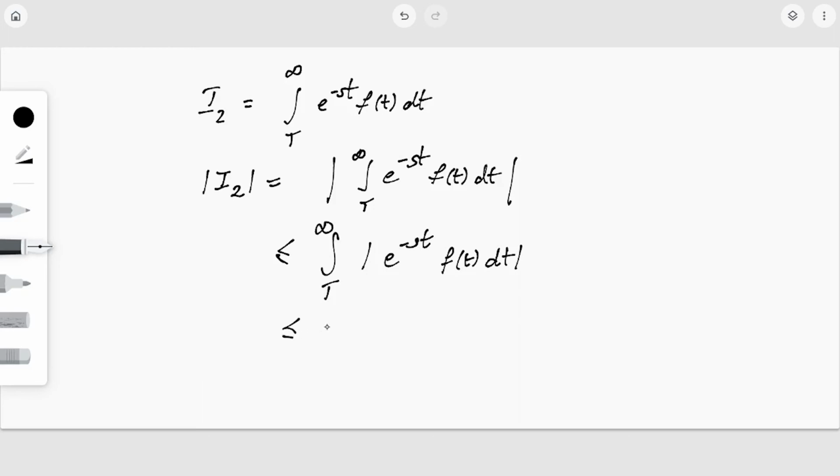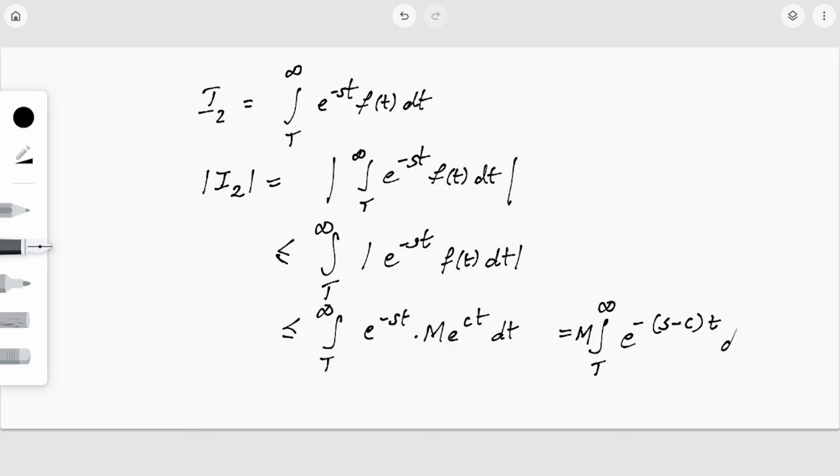Okay, now this e raised to minus st, and if you take the modulus of f of t, that is less than or equal to the integral from T to infinity of e raised to minus st into M into e raised to ct dt. Now this is nothing but M into the integral from T to infinity of e raised to minus of (s minus c)t dt.